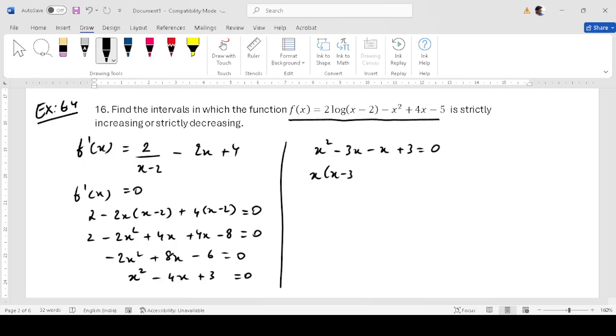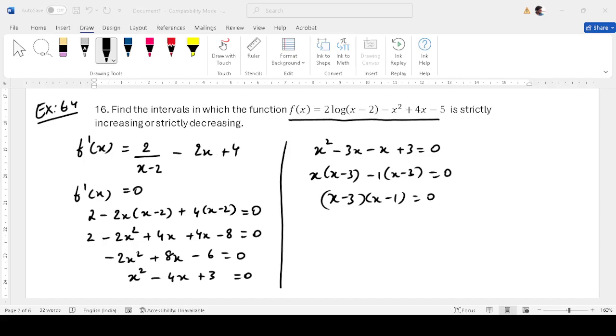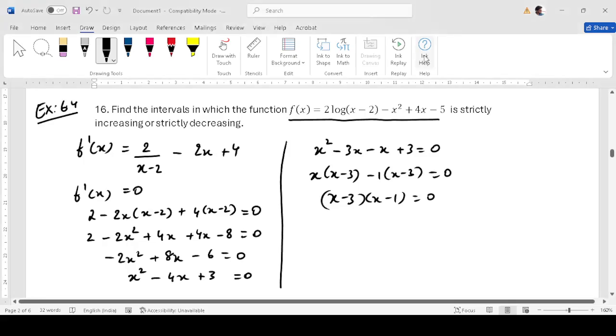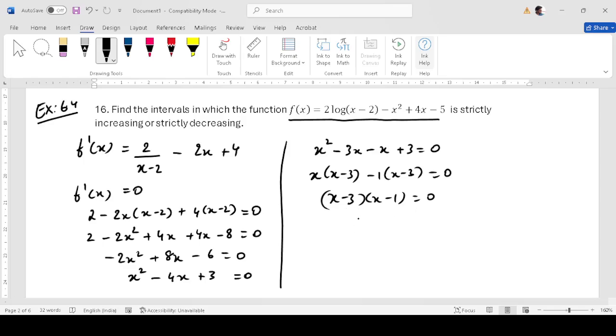Taking x common, x (x minus 3) minus 1 (x minus 3) equals to 0. So we have the factors (x minus 3) and (x minus 1). So we get x minus 3 and x minus 1 equals to 0. That is, x would be equals to 1 comma 3.